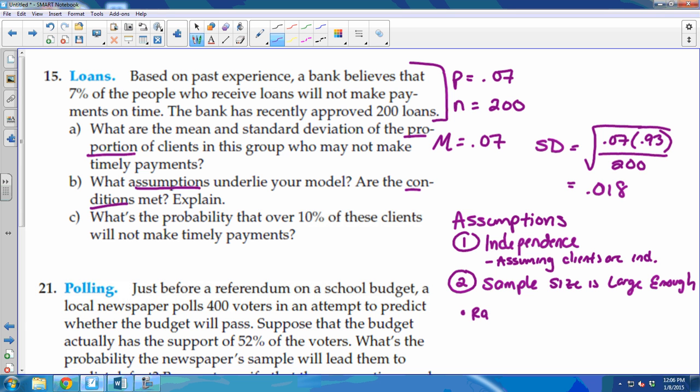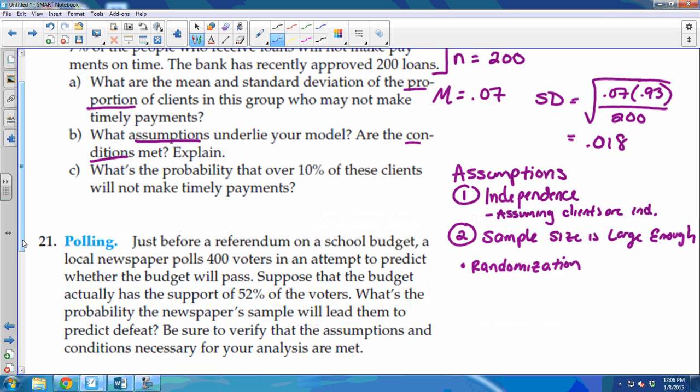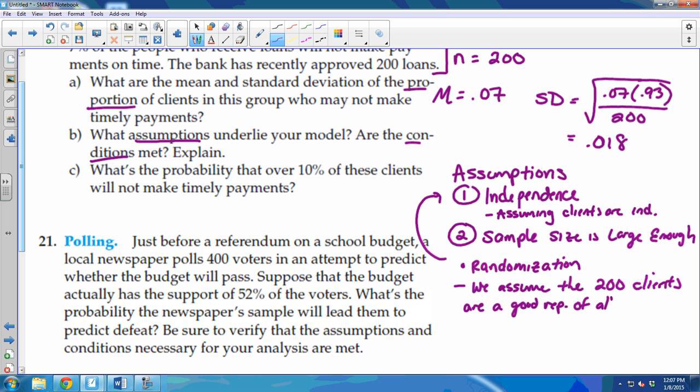All right, so 3 conditions. One is random. That backs up independence. And we are going to say that we assume the 200 clients are a good representation of all clients. If it's a good representation, then that satisfies randomization, right?